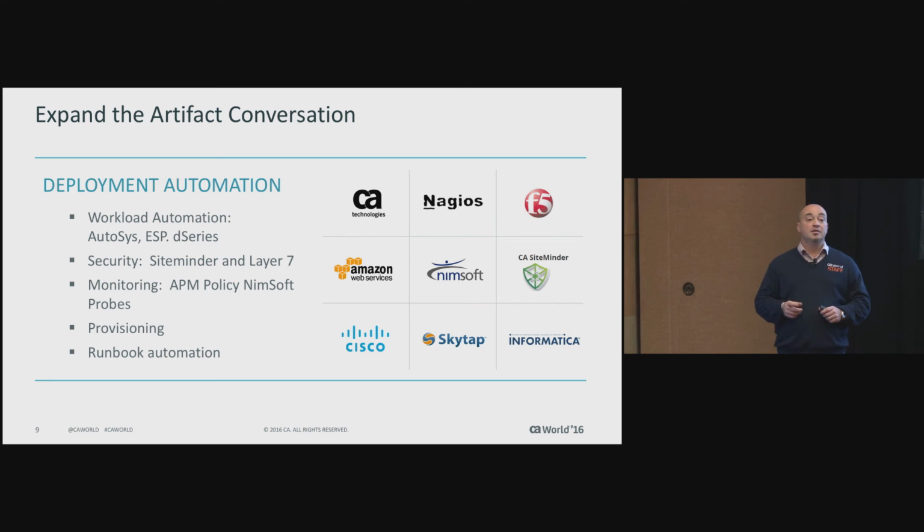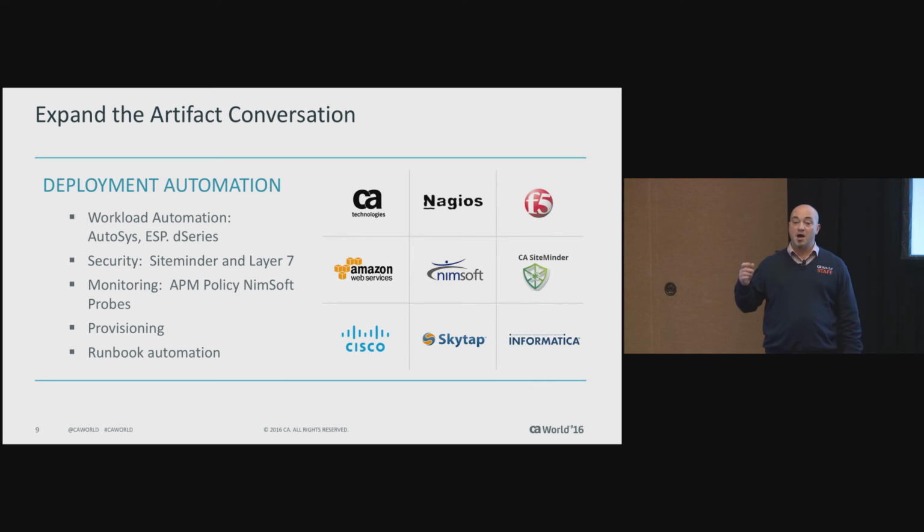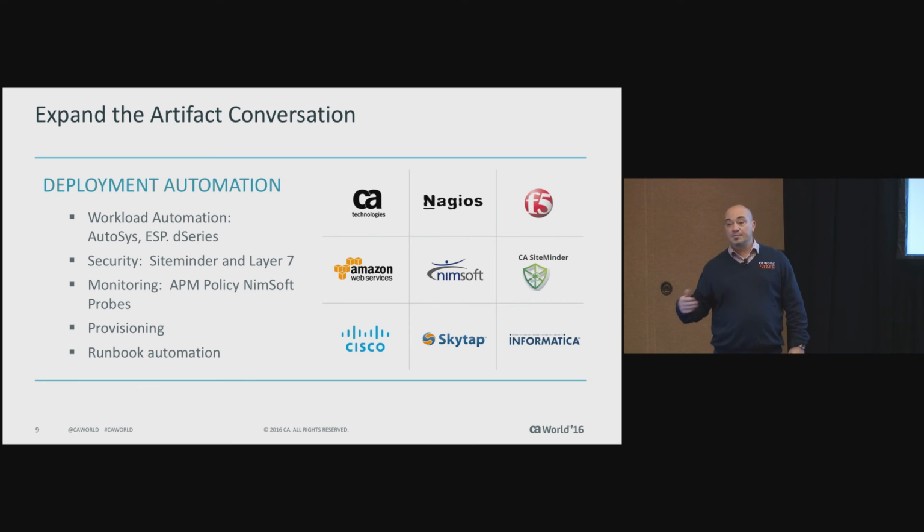We can deploy new probes to monitor new enhanced features of the application, or like for APM, for example, we can support new URLs and new performance monitoring of new features of the application, right? If you're going to release new capabilities to the application, you have to be able to monitor those new capabilities properly. And you don't want to put it into production before that monitoring is in place. So that's one use case.